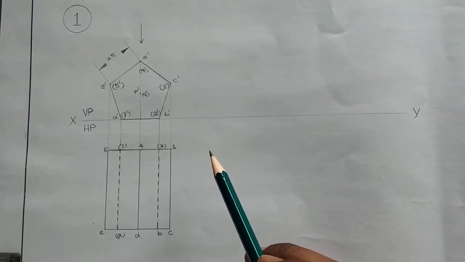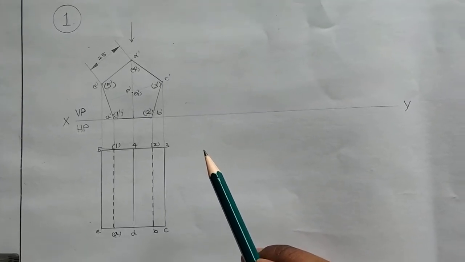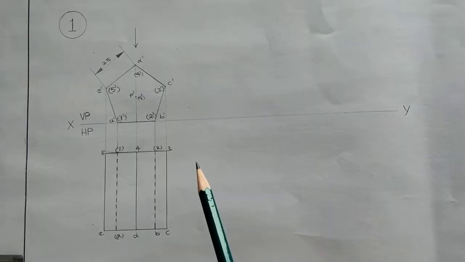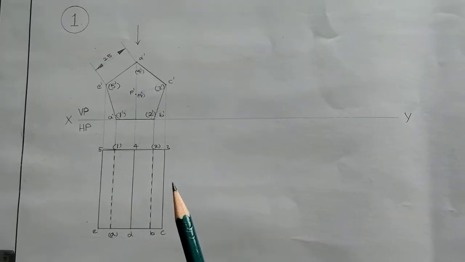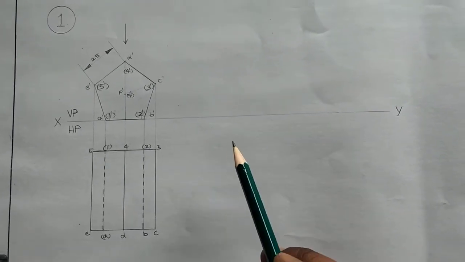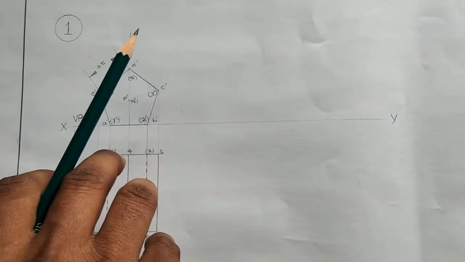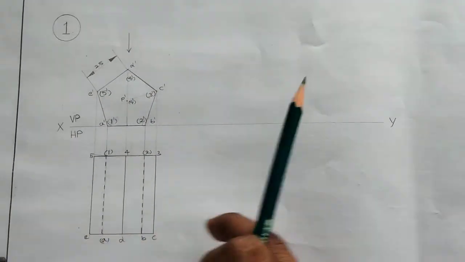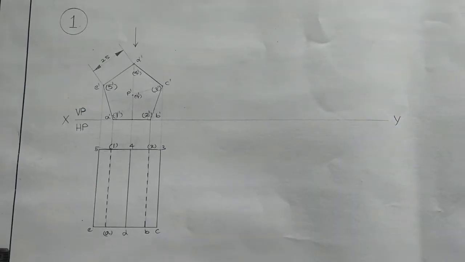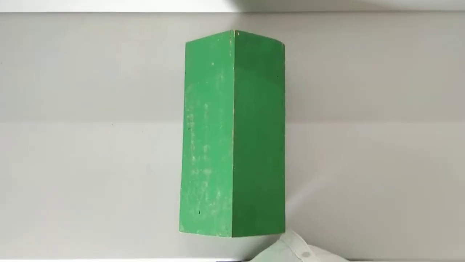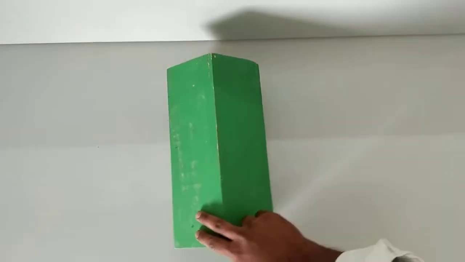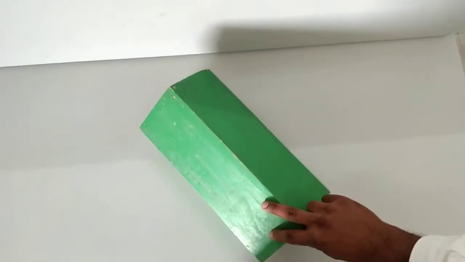So actually the given inclination is 45 degrees, 45 degrees inclined to the VP. So we can construct 45 degrees and we can reproduce the same top view on the 45 degrees inclined line. This position projection is completed, and next we can keep this one with 45 degrees inclined to the VP.